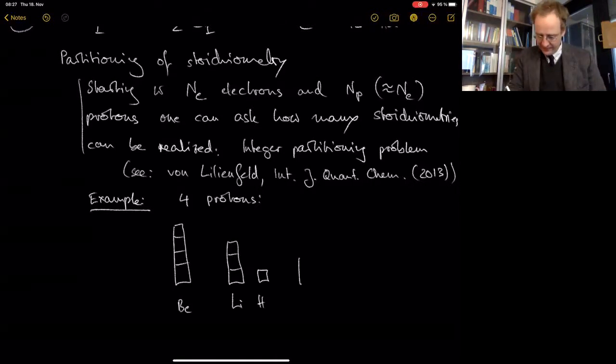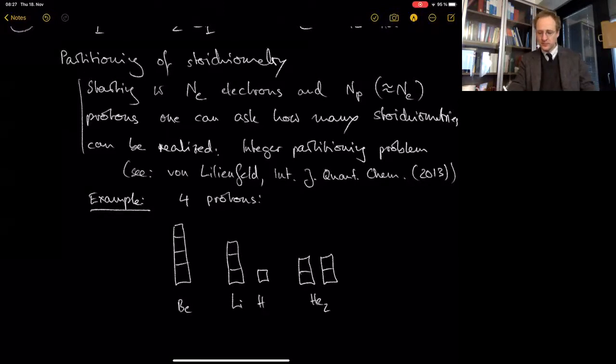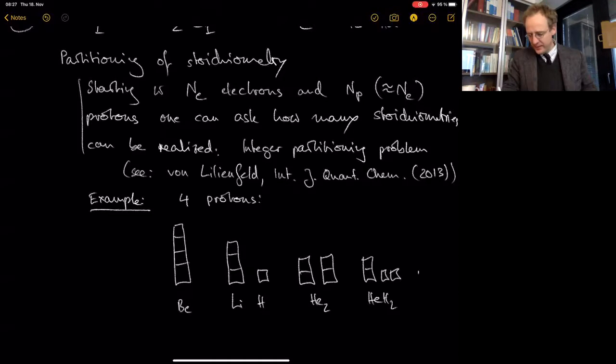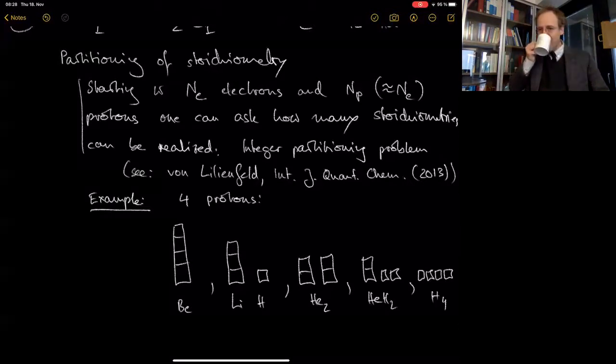Or you can have the helium dimer. Or you can have helium and 2 hydrogens, or you can have 4 hydrogens. So I believe I didn't miss any. So these are the 5 stoichiometries you could realize with 4 protons.